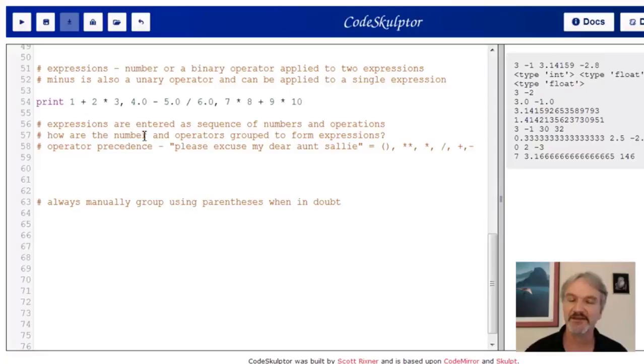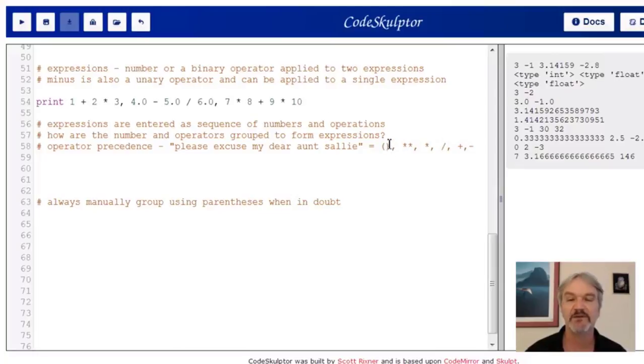It turns out there's this notion of precedence, and you probably studied this in middle school algebra. You probably learned a mnemonic, which was, please excuse my dear Aunt Sally. The first letter of each word in that phrase gives us the order in which we should do operations when we take this linear version of an expression and think about it in terms of the recursive definition.